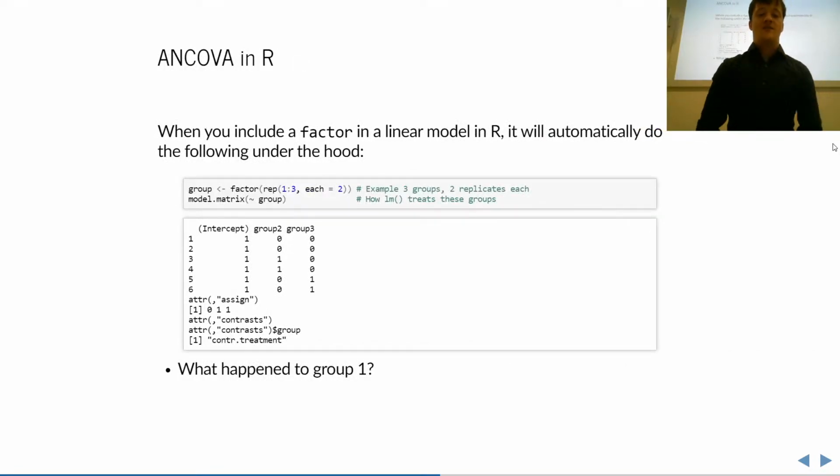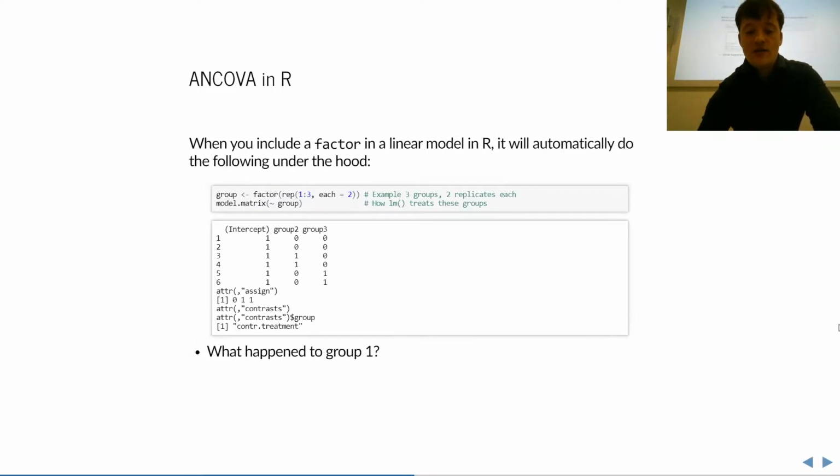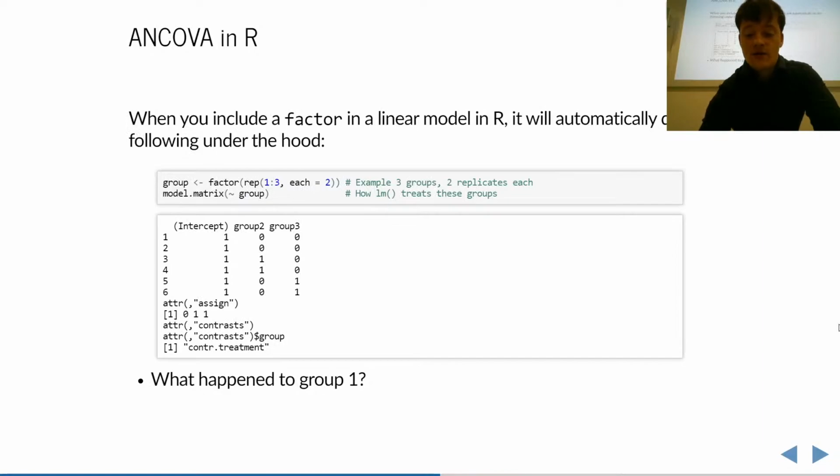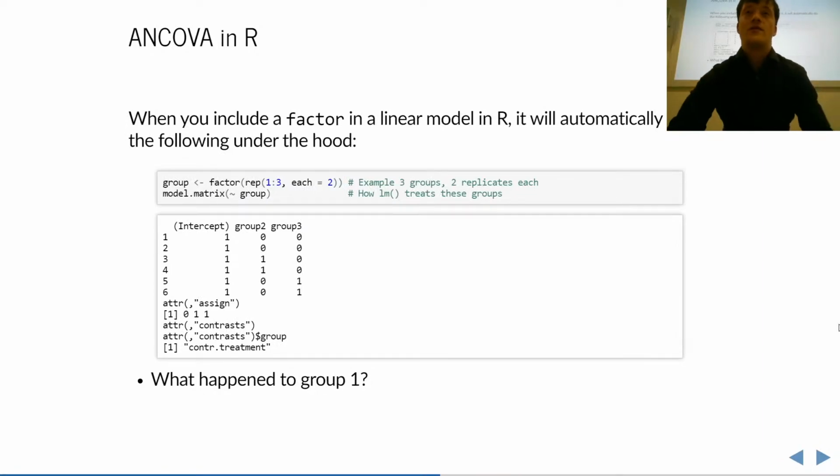Okay, so let's say that that's the case. Then let's say we create a vector of 3 different levels, and then we see what R does under the hood. So here we have one categorical variable with 3 different levels, and then we have 2 different indicator variables or dummy variables, because this one says, okay, observation 3 and 4, they're equal to 1 in the dummy variable for group 2, right?